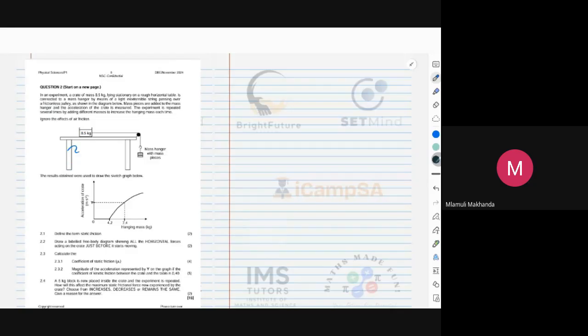So we've got here this table and a crate, which is 8.5 kg, which is stationary. That means it's not moving, on a rough horizontal table, and is connected to a mass hanger by means of a light inextensible string passing over a frictionless pulley, which is this one here.